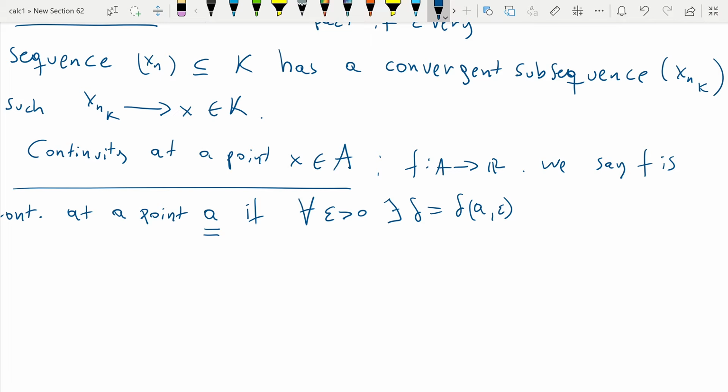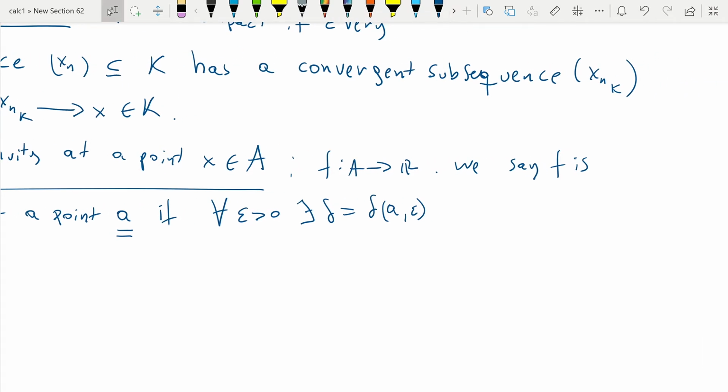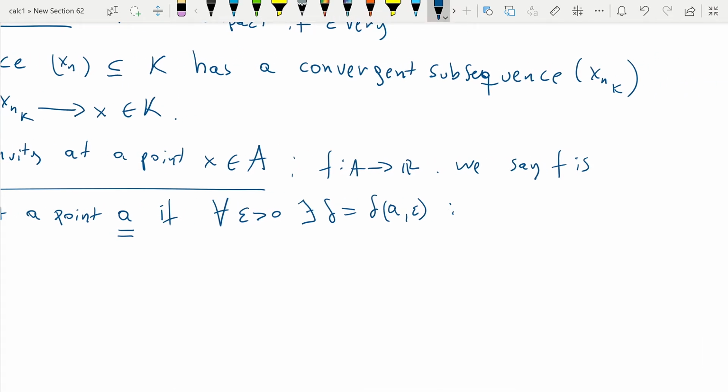So the delta may need to be chosen smaller if you are at a point where the function is changing more rapidly, and also very small when epsilon is getting smaller. If epsilon is small, then you typically want delta to be smaller than epsilon, or comparable to that.